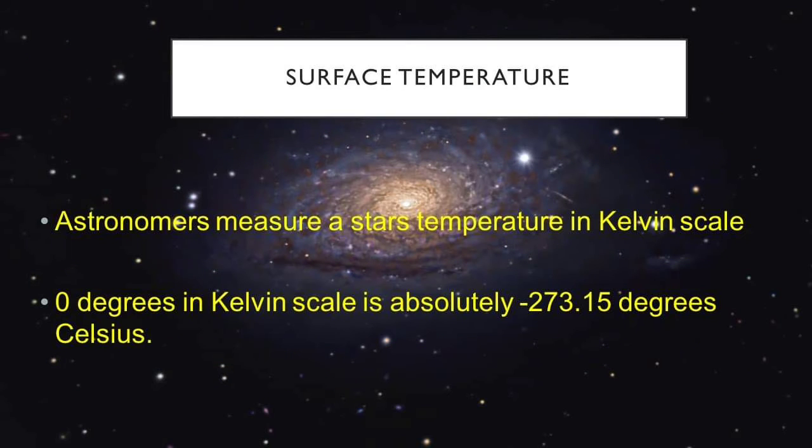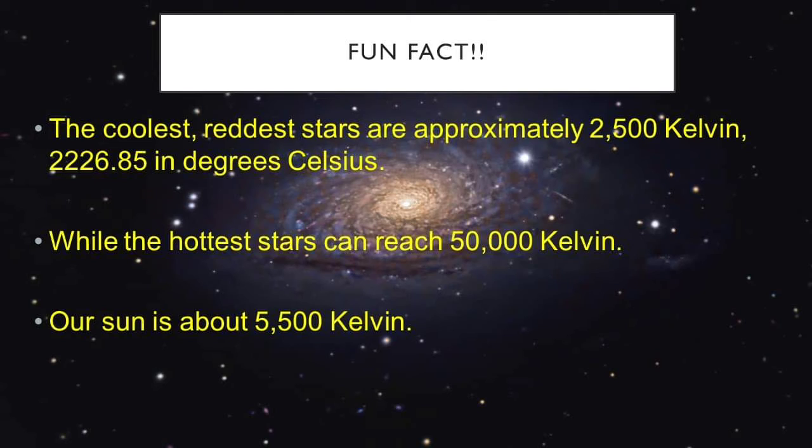Surface temperature. Astronomers measure a star's temperature on the Kelvin scale. 0 degrees on the Kelvin scale is negative 273.15 degrees Celsius, and that is very, very cold to us humans. Fun fact: the coolest and reddest stars are approximately 2500 Kelvin.